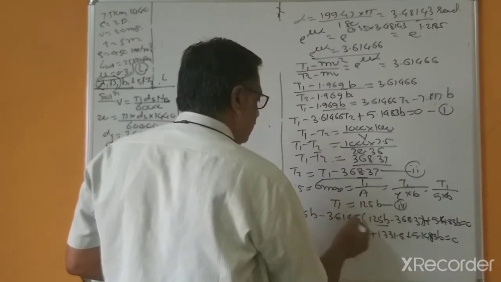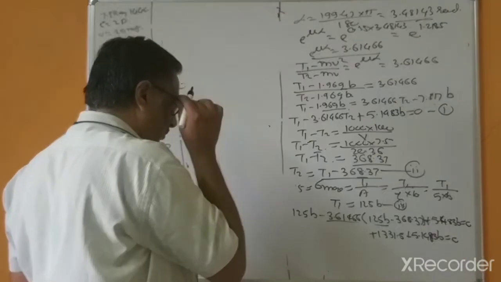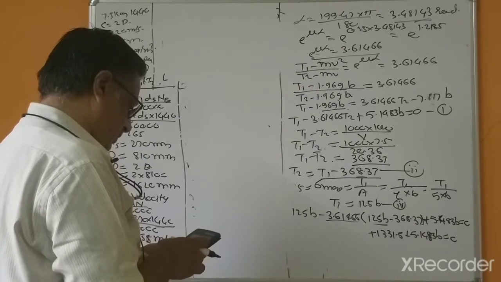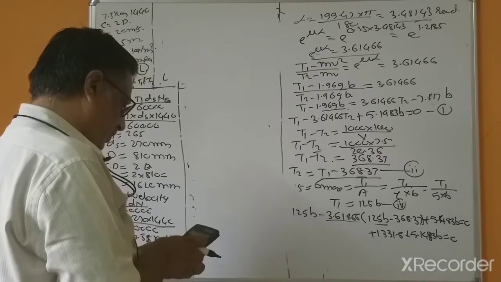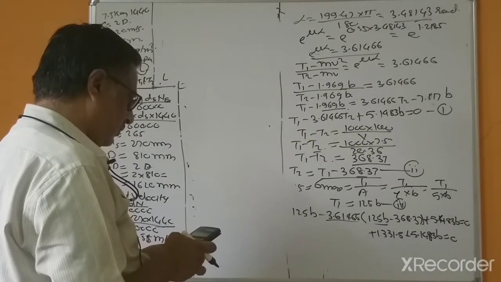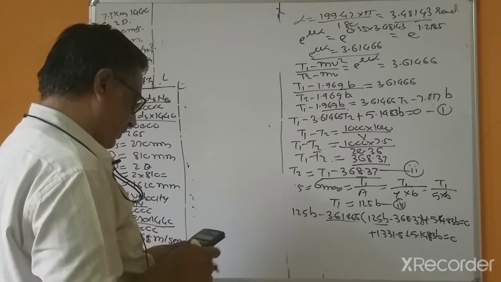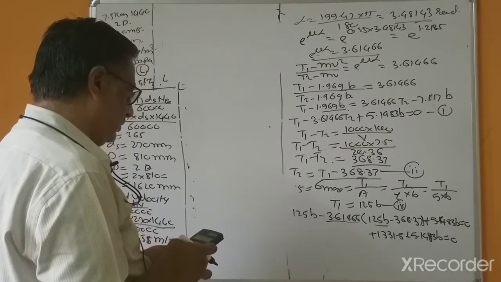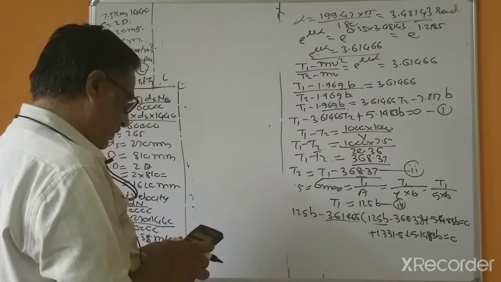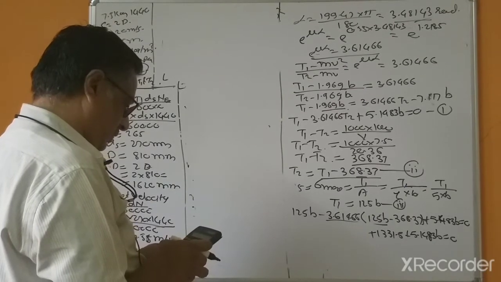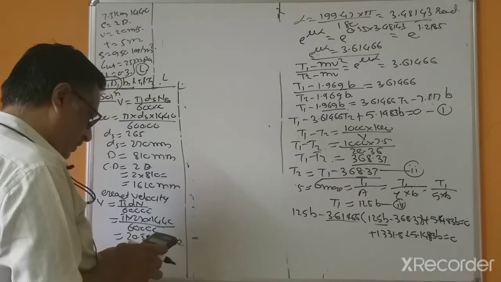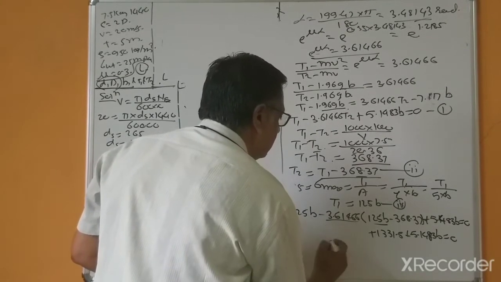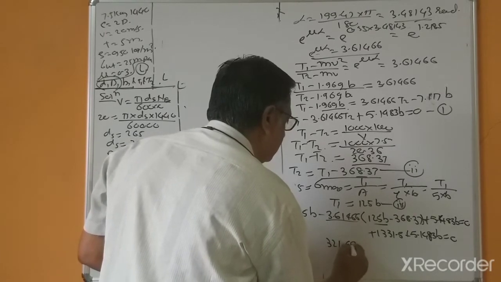Next 125 into, so this is big value, 125 into 3.61466, 451 minus 125 minus 5.1483, 321.68B equal to.